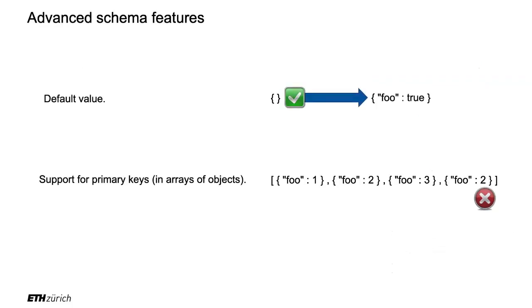What else? So that I didn't show you how to do, but there's the concept of default value. What is a default value? It's the ability to say that if the document is missing a key, then you're automatically adding something for it. For example, imagine you have a list of students and there is an optional key called university, and you can say that the default value of university is ETH Zurich.